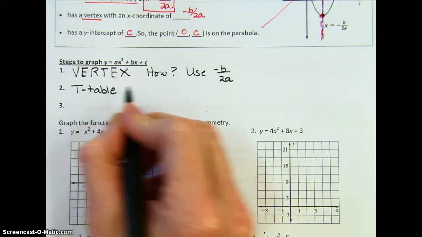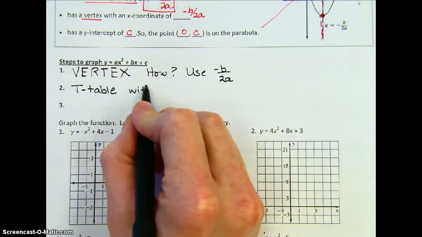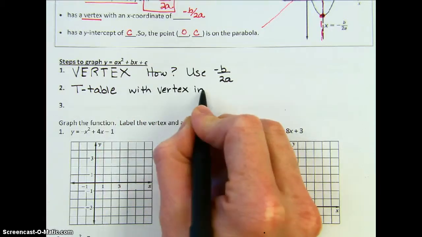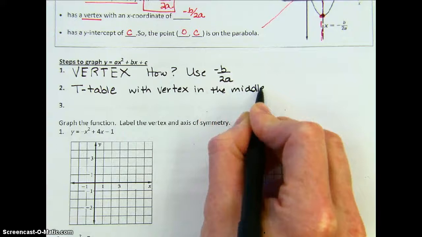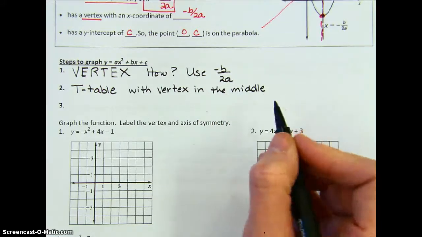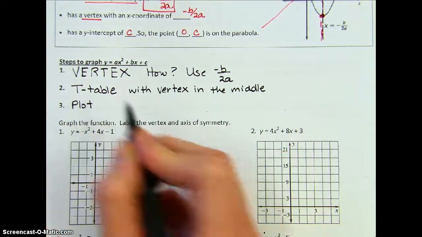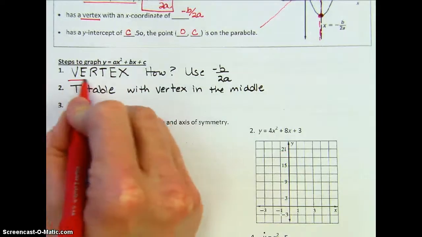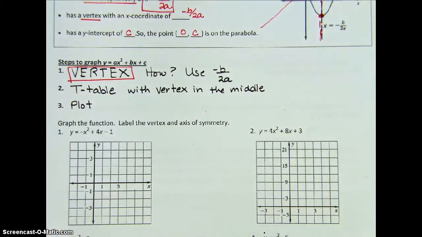You want to make the t-table with your vertex in the middle, because the vertex will always be in the middle. The third thing, once you get the t-table constructed, is to plot and graph your parabola. Now, notice vertex in bold capital letters. That is the most important thing today.